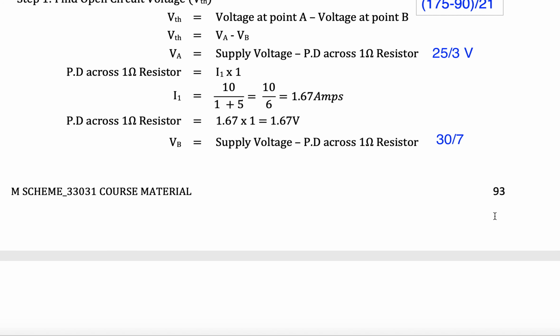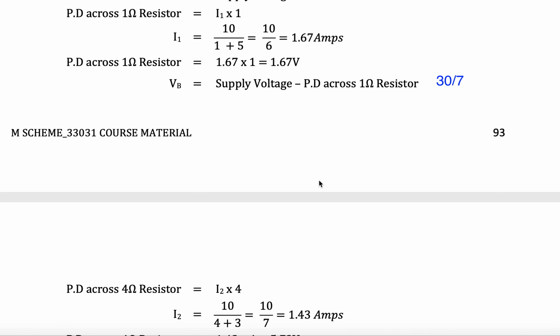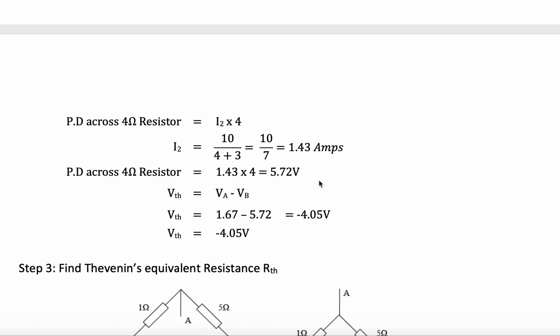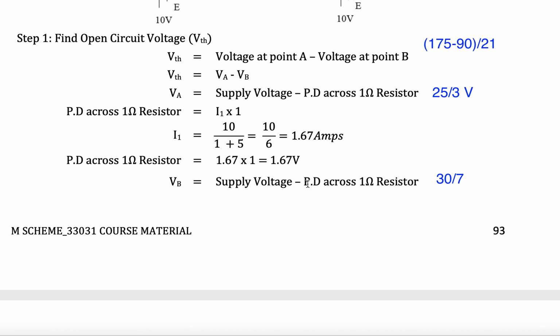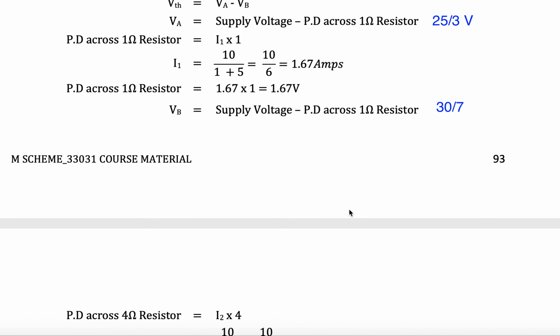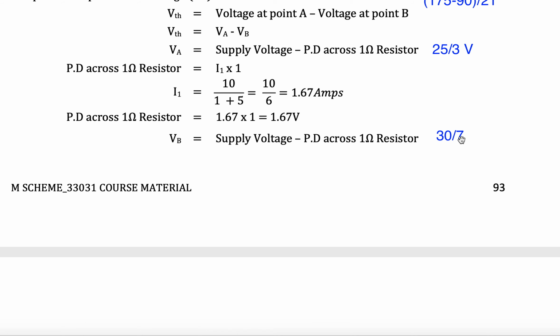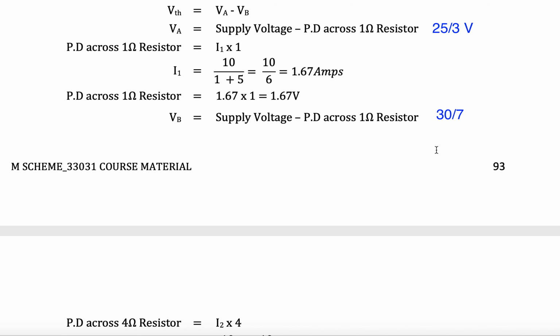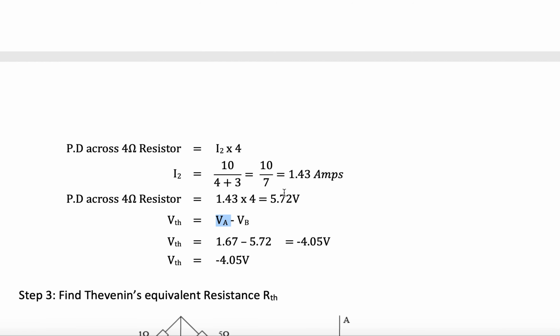Okay, so where did he go wrong? Here itself he went wrong. He made a terrible mistake by taking VA as 1.67. VA is not 1.67. VA is actually 25 by 3, which is 8.33. VB is 5.72. Is it correct? 7 5s are 35, 7 7s are 49, yes, this is correct. We will put the tick mark here.